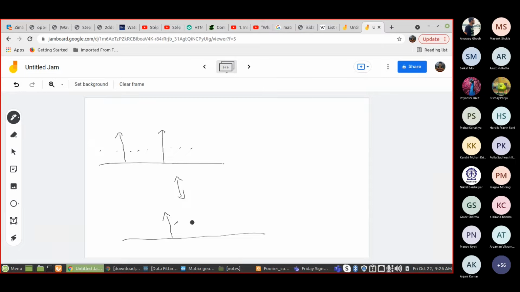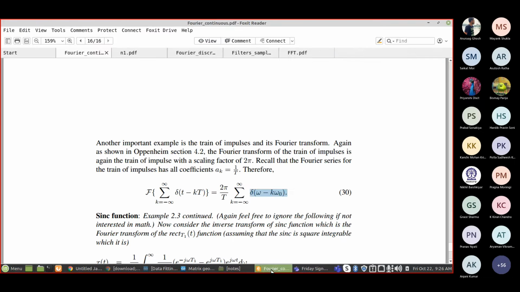The period is different, but this is in the frequency domain, this is in the time domain. The magnitude is also different. Here we took the magnitude to be 1, and here the magnitude is 2 pi over T. Okay, so the shifts here are integer multiples of capital T. That is our period in the time domain.